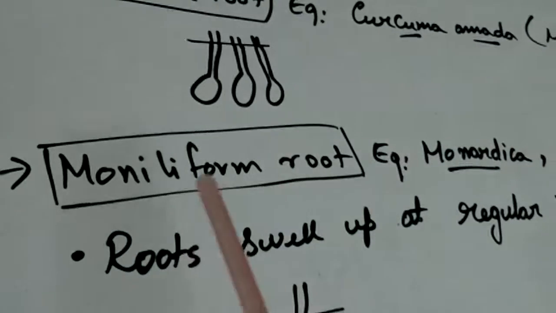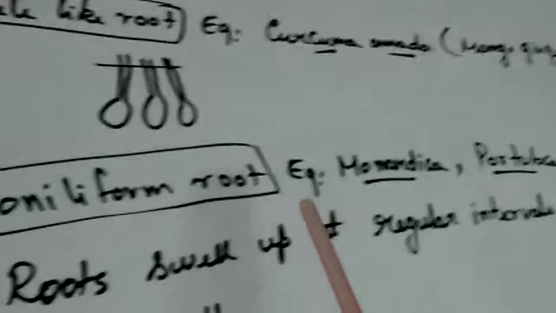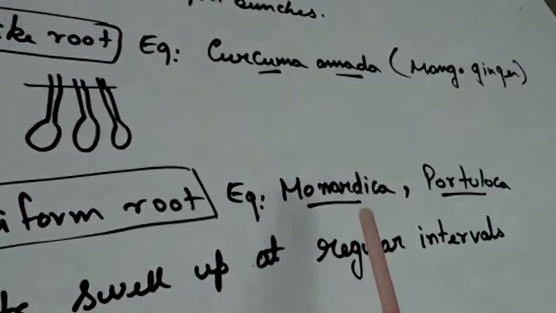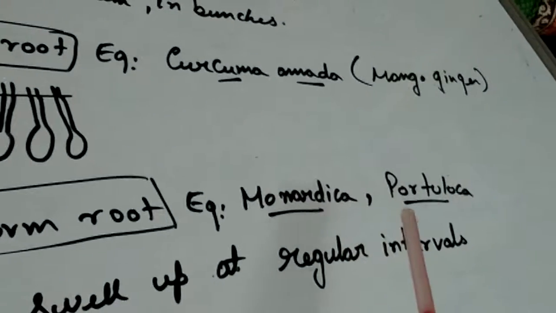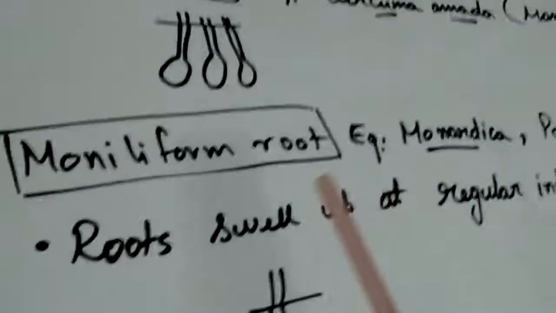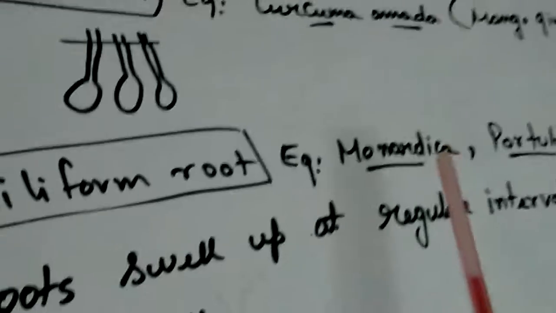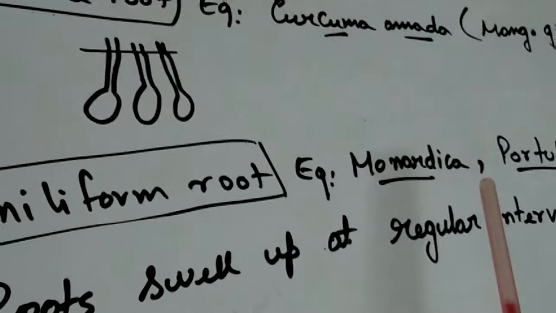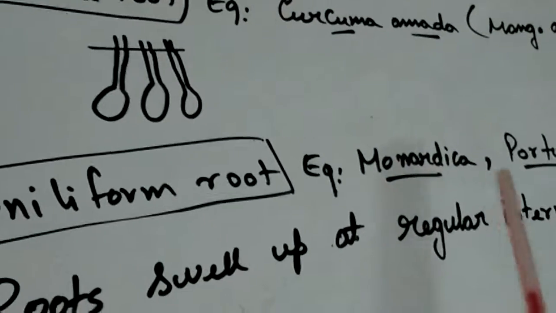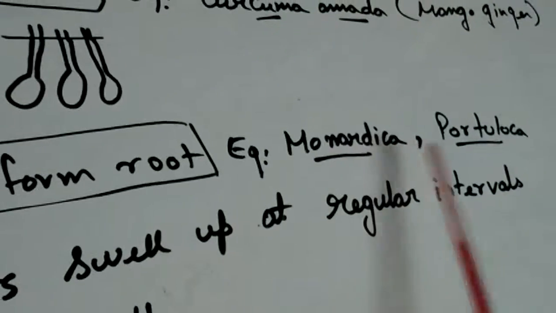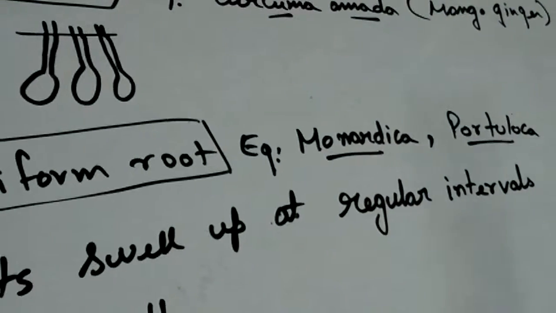Then moniliform root, example Momordica and Portulaca. Momordica is commonly known as Karela in Hindi. I don't know what it is known as in English.